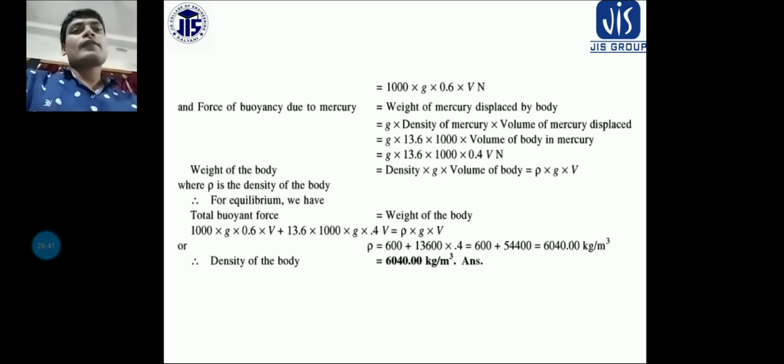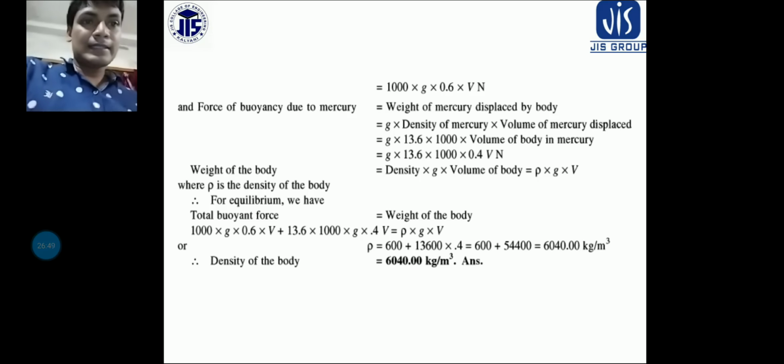Now the force of buoyancy due to mercury is equal to the weight of mercury displaced by the body. So again it is rho g v. The density of mercury is 13.6 into 1000, g is as it is 9.81, and the volume of mercury displaced is 0.4 v Newton.